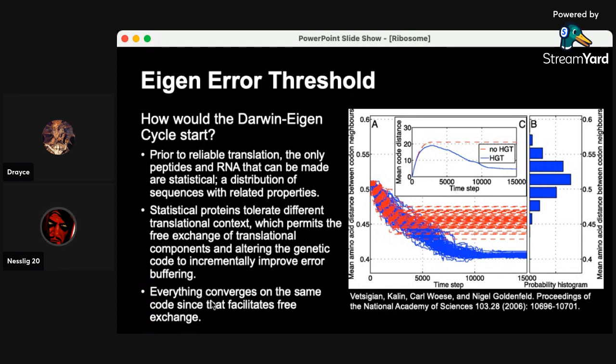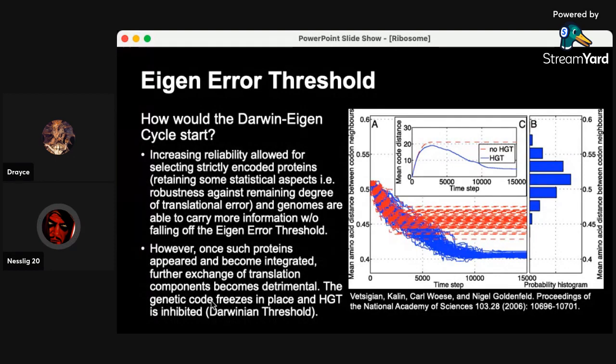Because if everything converges on the same genetic code, then horizontal gene transfer is able to occur more freely and improve the system itself. So there's again a positive feedback loop between increasing the rate of horizontal gene transfer, which improves your genetic code or your system, which again allows for more horizontal gene transfer to occur.